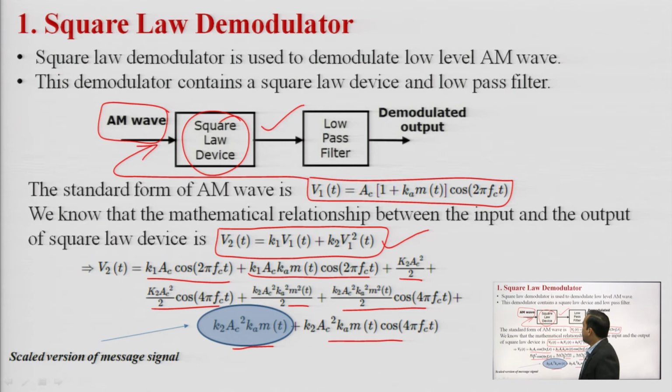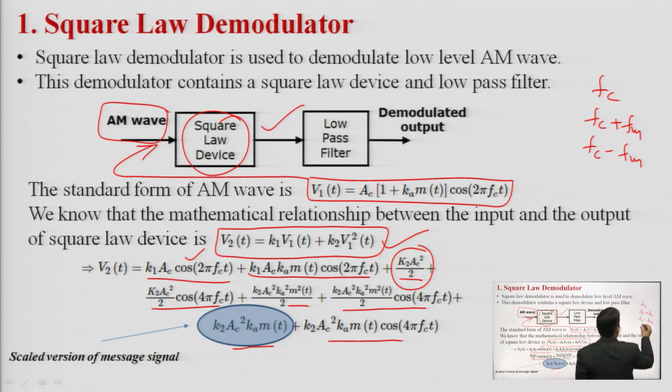Clearly, in the first term we have the carrier having frequency Fc. Second, we have Fc plus Fm and Fc minus Fm. In the third term there is no frequency, only a DC component. In the fourth term we have 2 times Fc.